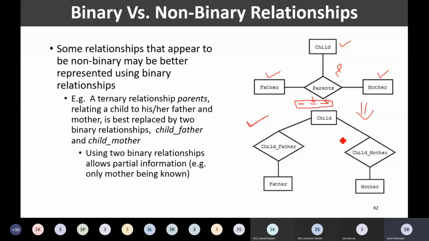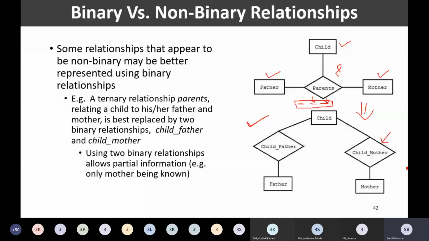So if I am not knowing who is the father or the mother of this child, then I am not necessarily storing that information in the respective relationships. If I know who is the mother of this child, then only I'll be storing the information in this particular relationship. Otherwise, I'll not be storing.